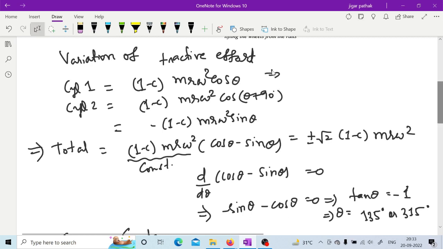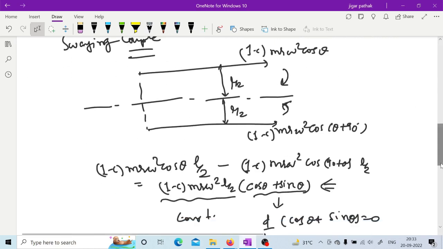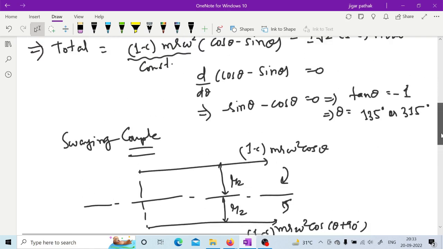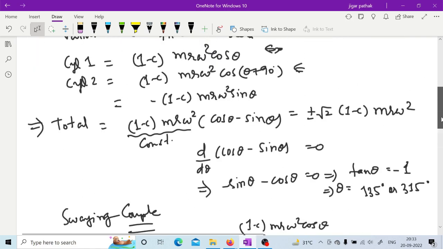Similarly this also. So what will be the total horizontal unbalanced force, or what can be the maximum total horizontal unbalanced force? That is the variation of tractive effort. That means the only horizontal force is tractive force. Yes.